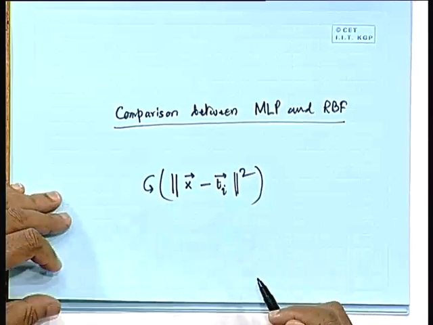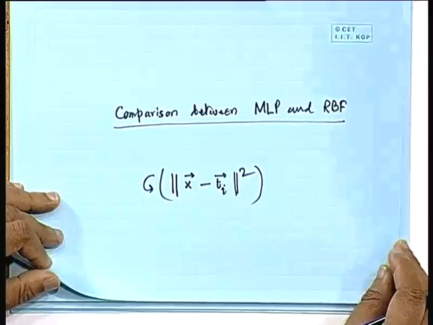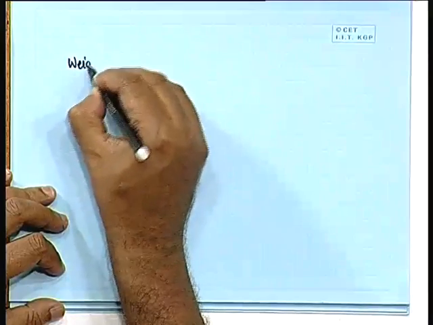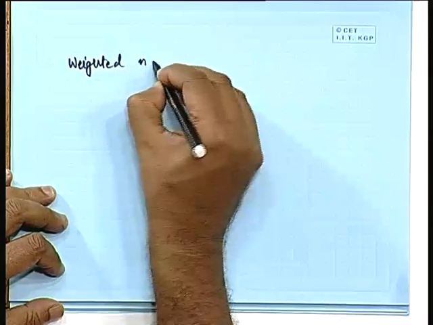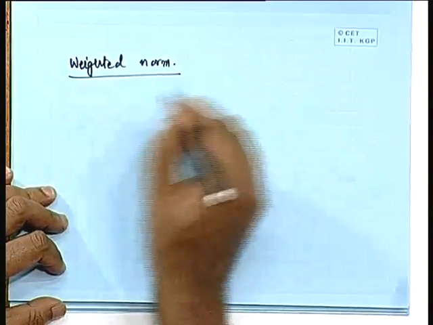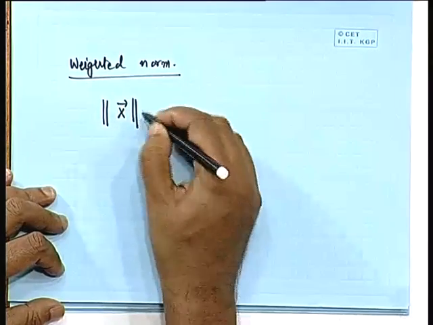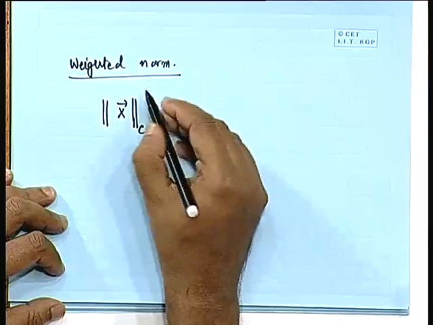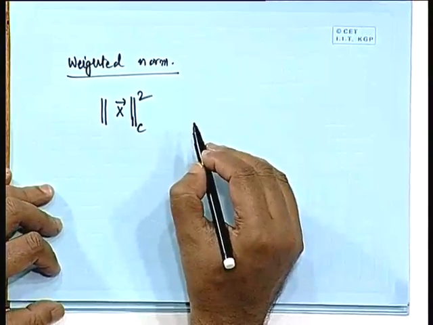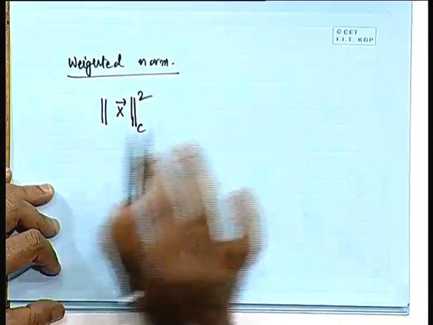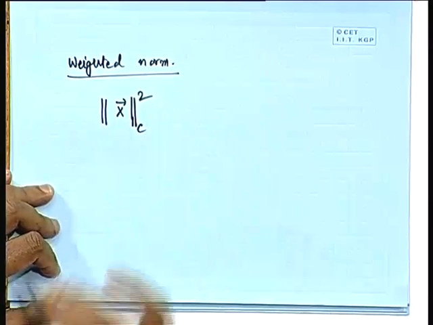So, let us now see what kind of weighted norm we are looking for. We first have some discussion on the weighted norm. What we define as a weighted norm is this: x is the vector that we are considering, and we consider the weighted squared norm of the vector x. This is also a squared norm, different from Euclidean, and weighted by what?